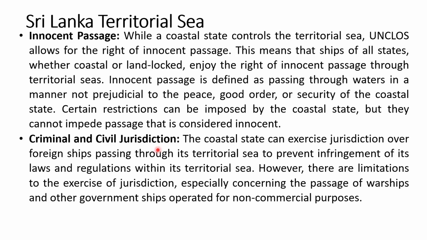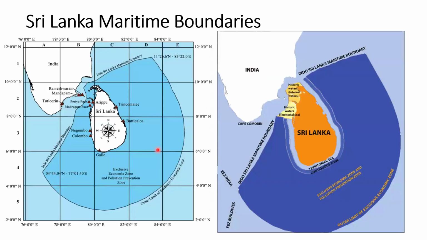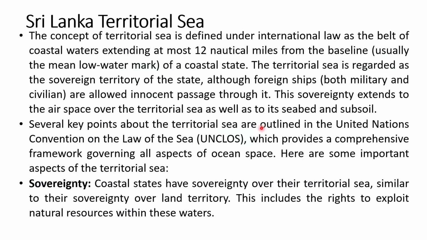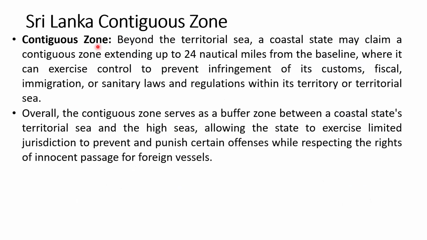Now, we have learned about the territorial sea. The next one is what we call the contiguous zone. This is away from the 12 nautical miles. Beyond the territorial sea, a coastal state may claim a contiguous zone extending up to 24 nautical miles from the baseline.